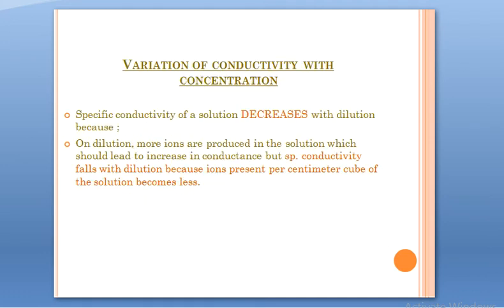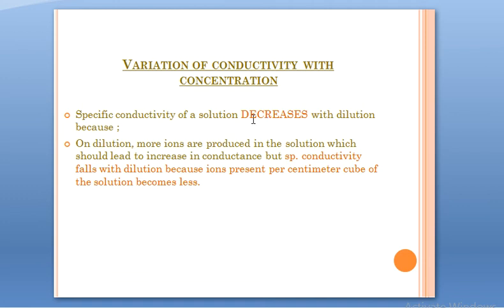It has a very important addition to it, variation of conductivity with concentration. Whenever you study conductivity, whether specific, equivalent or molar, you will have to describe and explain how this conductivity varies with concentration. In this case, we are talking about specific conductivity, which is simply called conductivity.